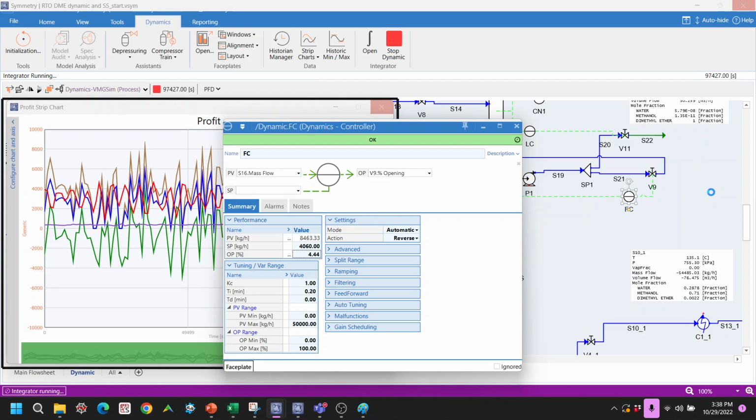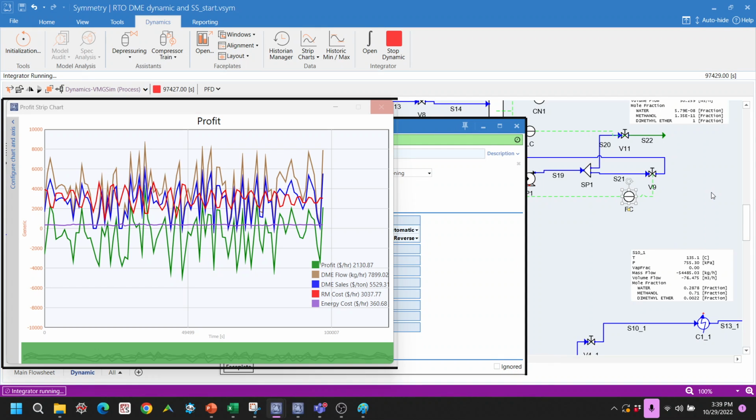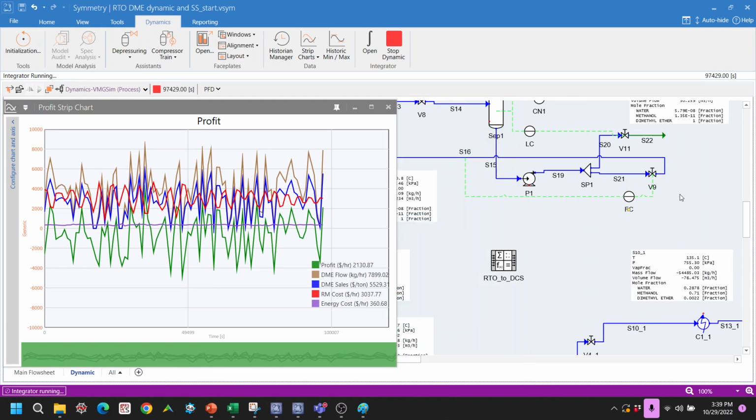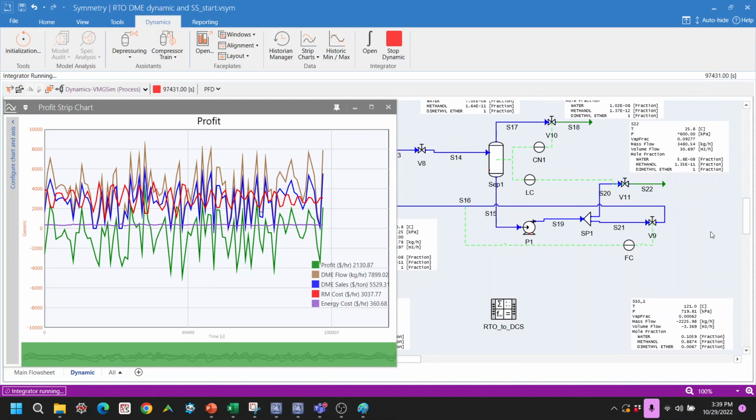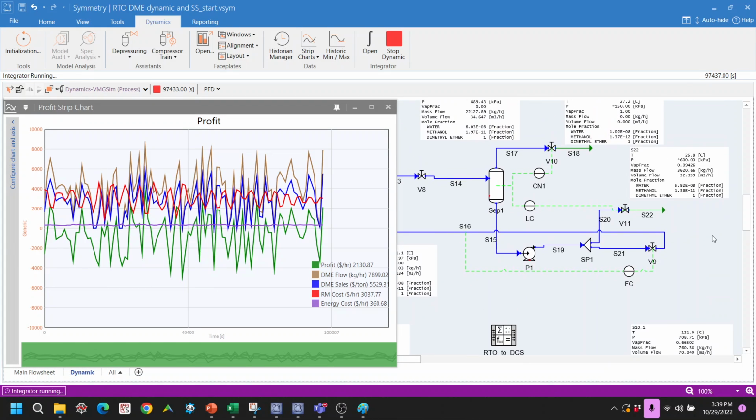Yeah, we need to have a strong computer for this. So that's another prerequisite. Okay. So you can see the change.